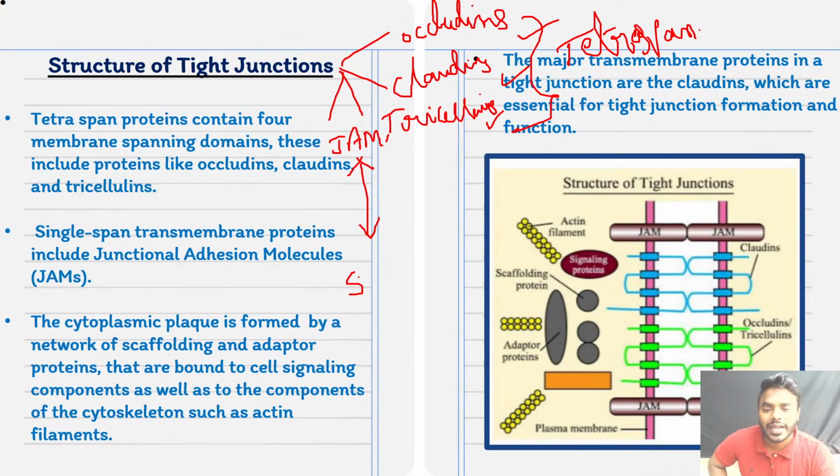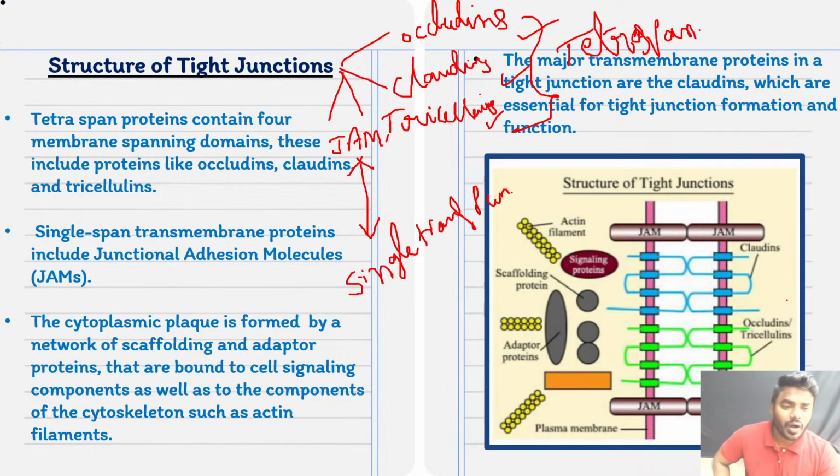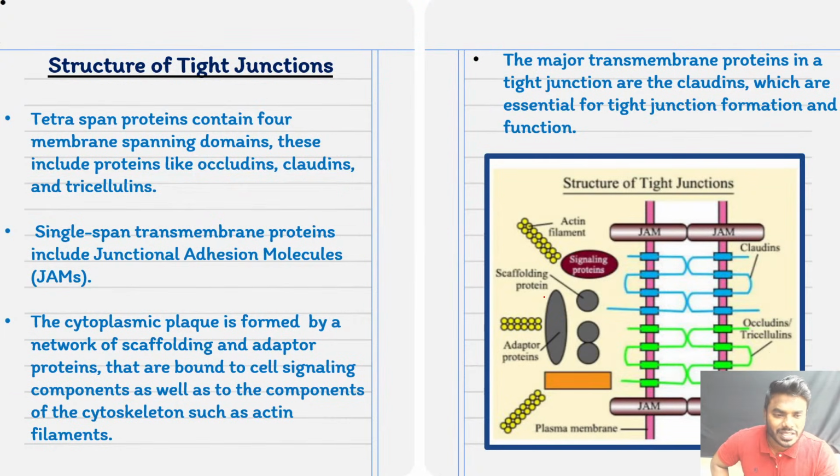JAM protein is single transmembrane, only single transpan. It can cross the membrane only one time. All the students look into the picture very carefully, friends. Claudin, occludin, tricellin, these 3 transpan the membrane 4 times. You can understand it very clearly. And you can see, JAM is only transpanning 1 time.